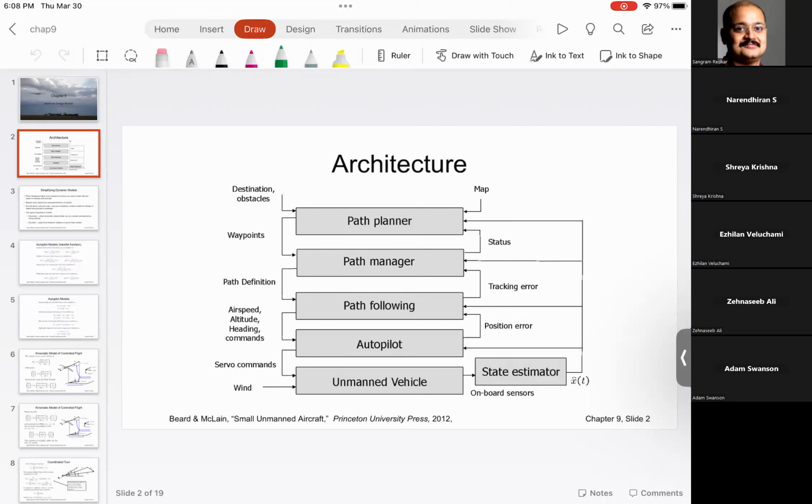At the very basic, if you think about path manager and path planning, it's something similar to waypoint navigation. For example, you have to go from point A to point B, and the path following and path planning algorithm is going to come up with the intermediate waypoints to make sure the UAV goes through intermediate points so that it can follow the speed, heading, and other requirements needed to satisfy the mission.